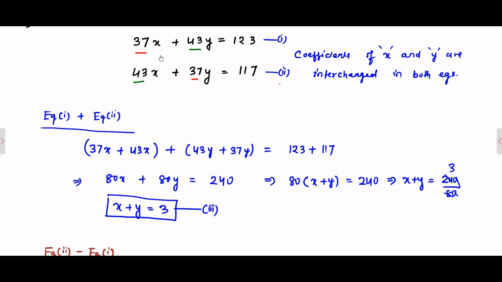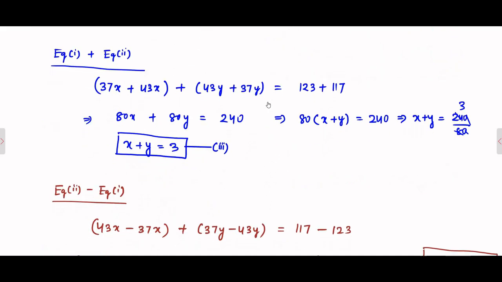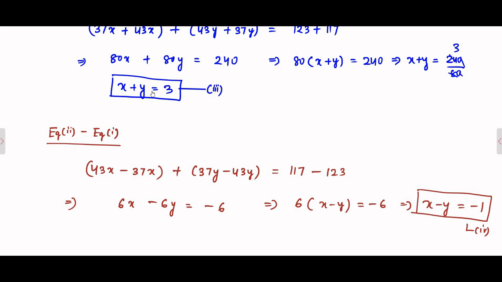If you had applied the variable elimination method or substitution method, because of these coefficients 37, 43, the calculations would have become very complicated, very difficult, and the possibility of error would have increased. So we performed these manipulations to convert this into a simple format: x plus y is equal to 3, x minus y is equal to minus 1.